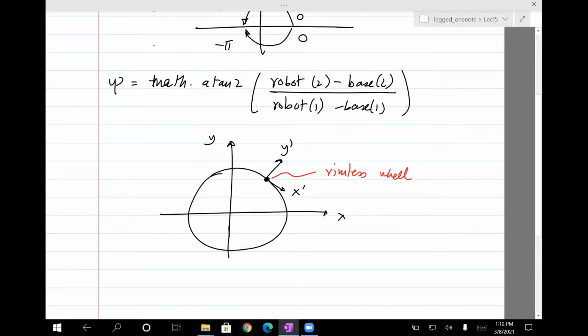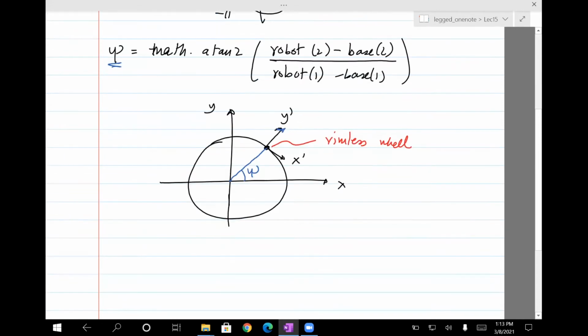We want to find how this x prime, y prime changes with time. So what we can do is join this with the center. We have the psi angle, which we already found. The formula is here, and if you look at this carefully, this corresponds to what we've done for rotating frames.